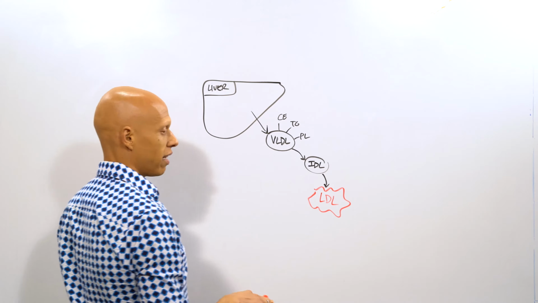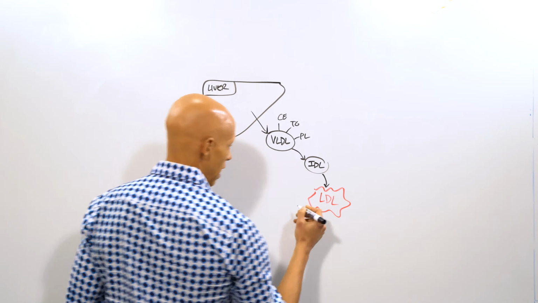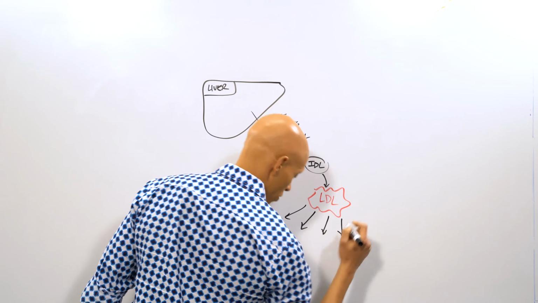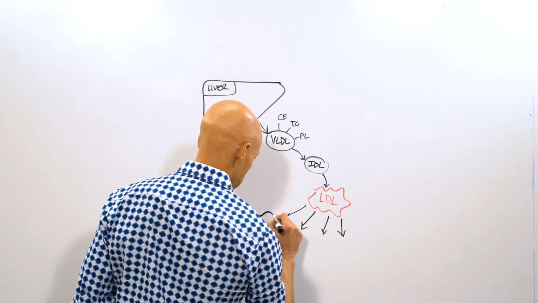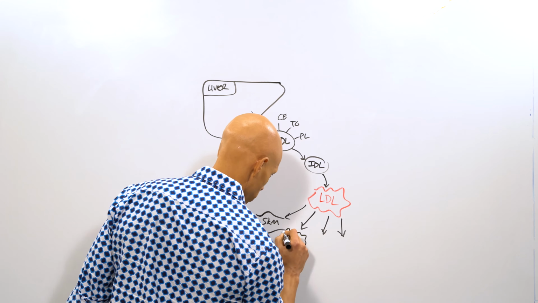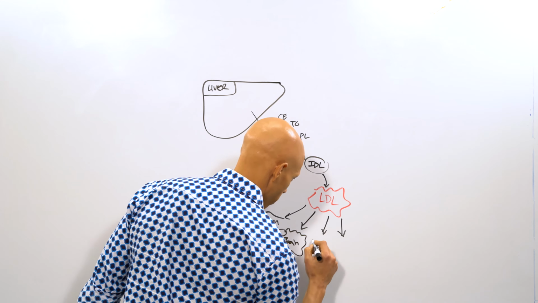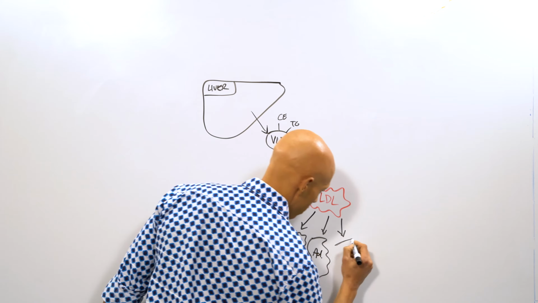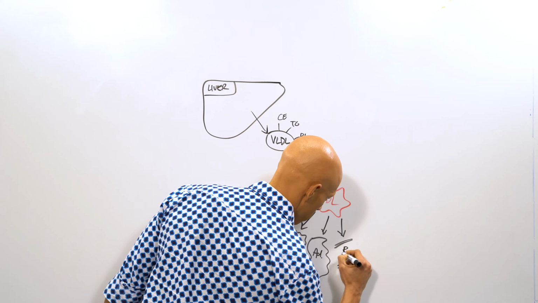Now, LDL has one primary responsibility, and that is to deliver cholesterol to peripheral tissues, including, but not limited to, your skeletal muscle, your brain, your adipose tissue, and blood vessels.